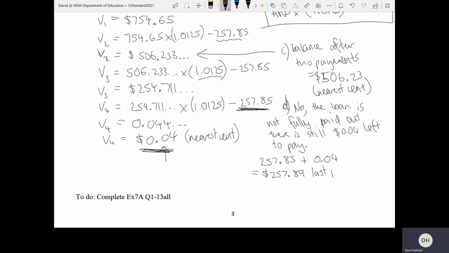Last payment needs to be made to fully pay off the loan after 4 payments.